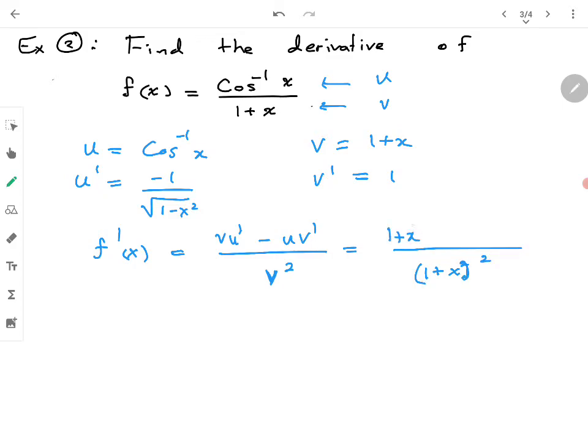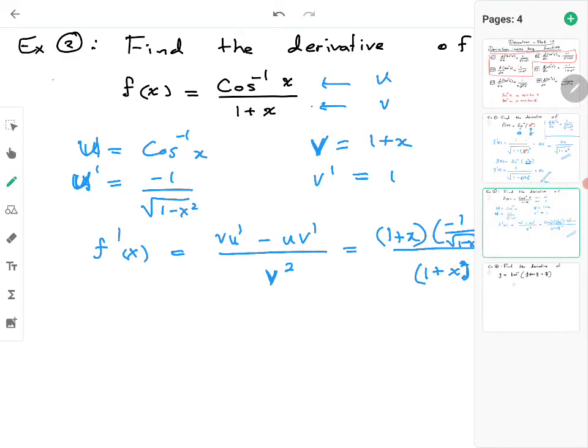Then the first term is v times u prime, so v is 1 plus x and u prime is negative 1 over square root of 1 minus x squared, minus the second term, u, which is cosine inverse x, times v prime, 1. So that's the answer.